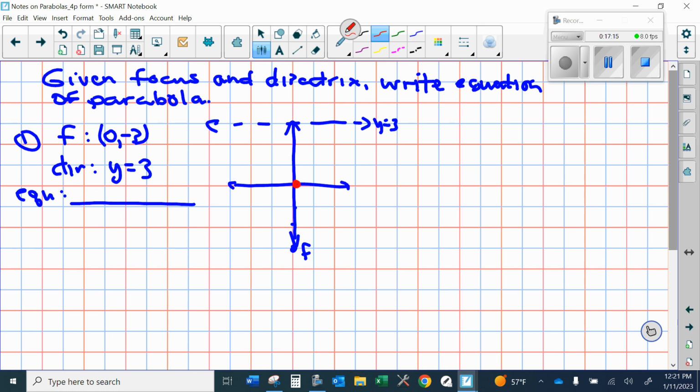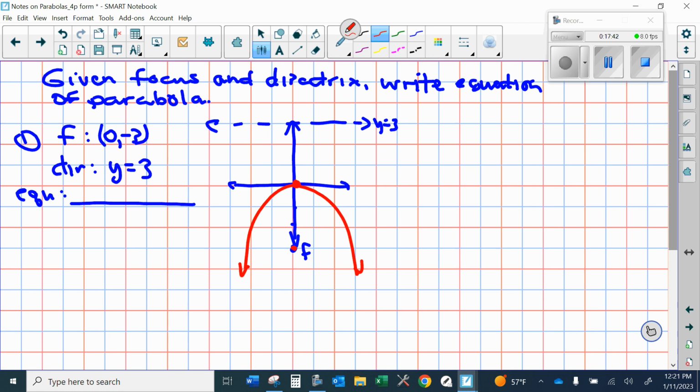The midpoint is the origin, so the vertex is at 0, 0. We know that for the parabola, the focus is always inside. So we know, therefore, it has to open down, because the focus is inside. It can never cross or touch the directrix. It's got to go in the opposite direction of where the directrix is. That's another way to think about it.